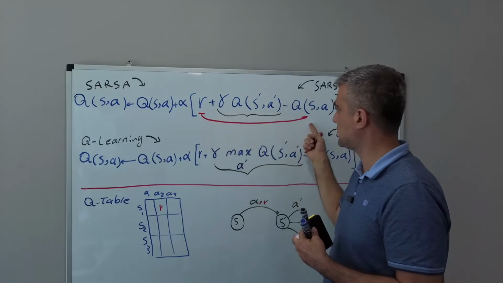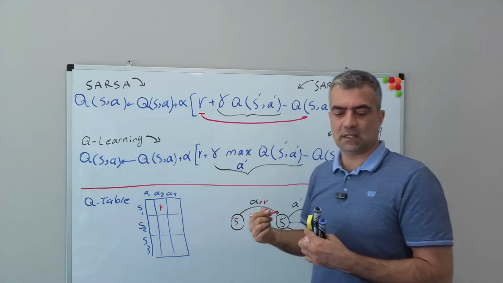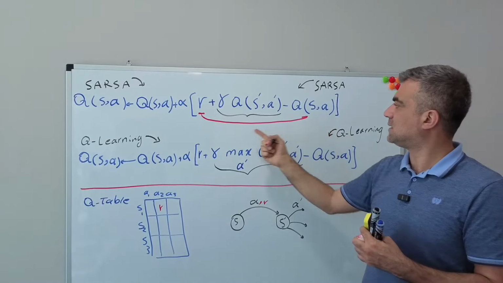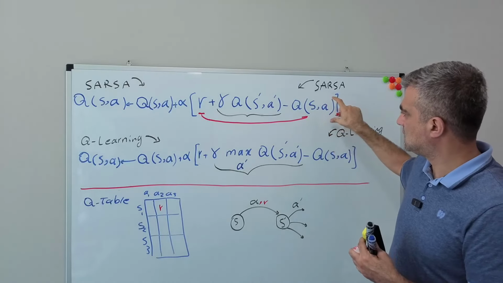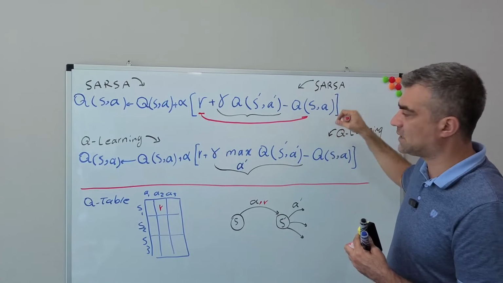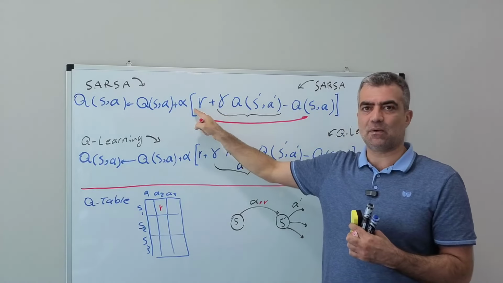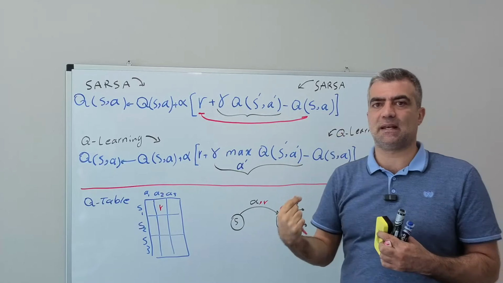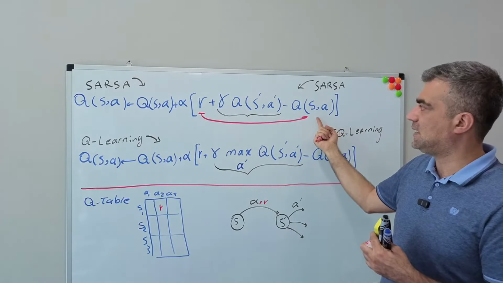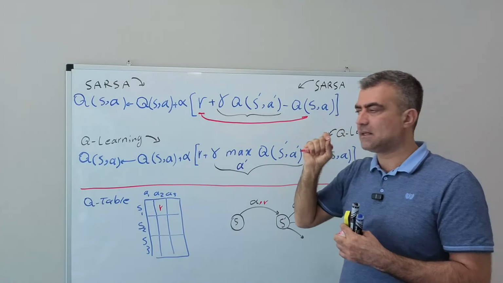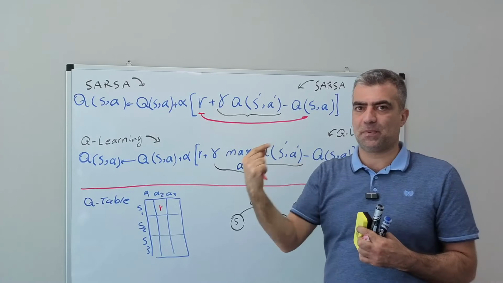You see a subtraction. Subtraction is difference. That means that if what you had recorded in the past is bigger than what you see now, the result of the subtraction will be negative. If what you have seen in the past is smaller than what you see now, the result of the subtraction would be positive.